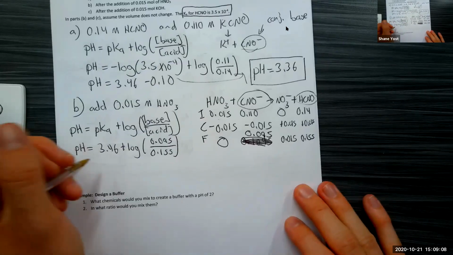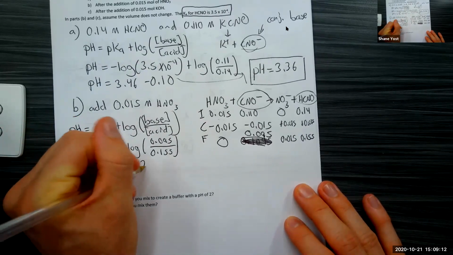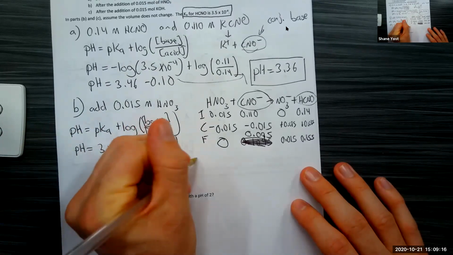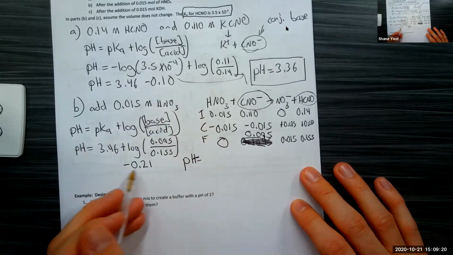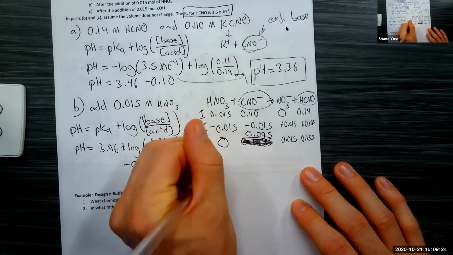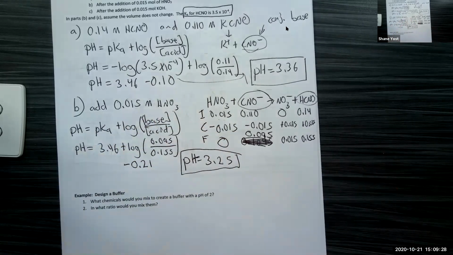And so this log comes out to be minus 0.21. And so my pH for the solution, right, is 3.46 minus 0.21, which is 3.25. Okay.